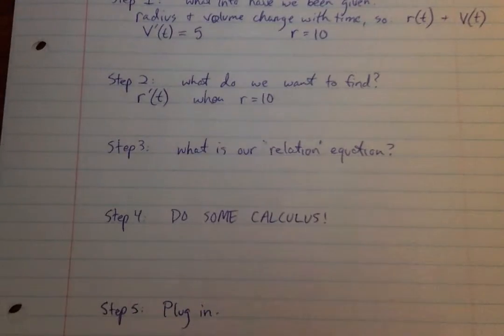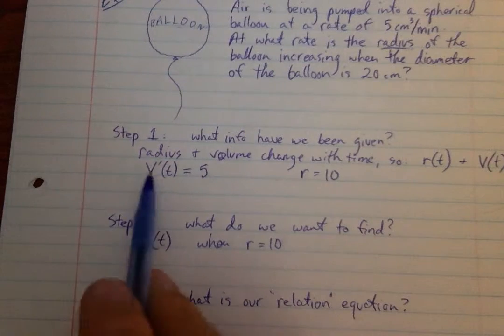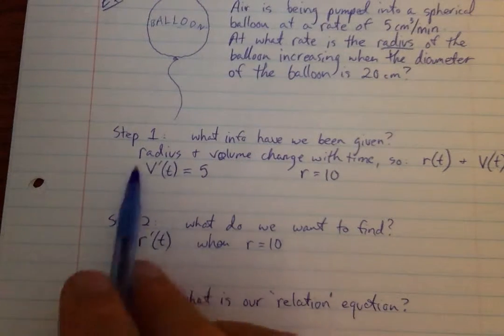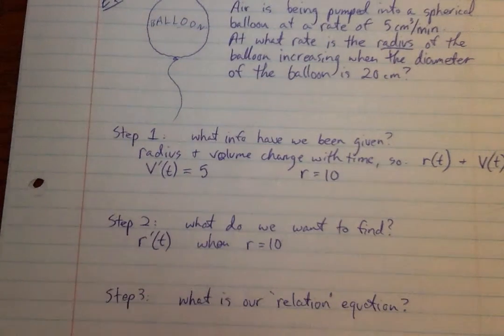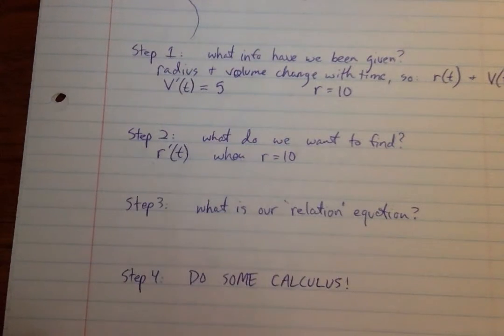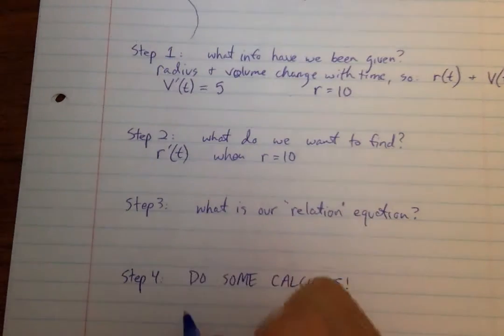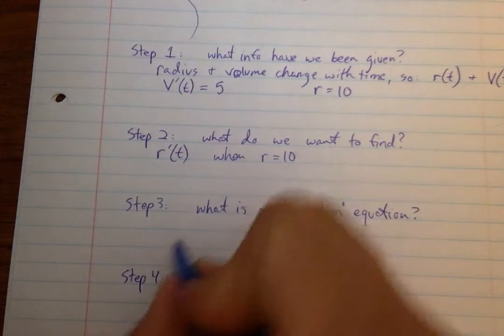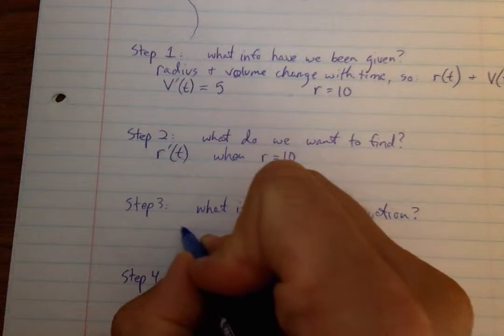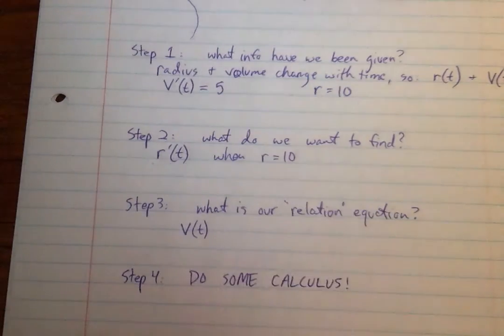What is our relation equation? What does that mean? Well, we have a known thing, the change in volume with time, and we have an unknown thing, the change of r with time. Let's go ahead and try to write an equation for this. So let's say the volume of a sphere, v of t. You know what?